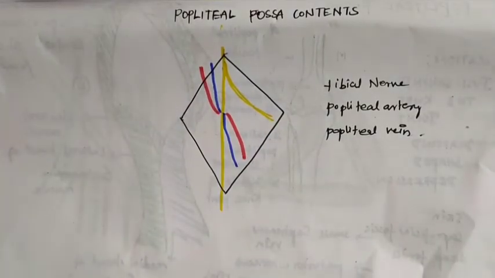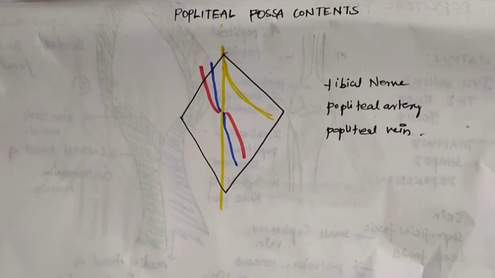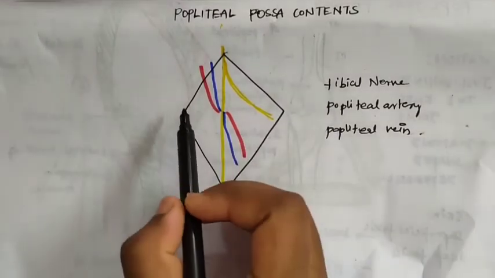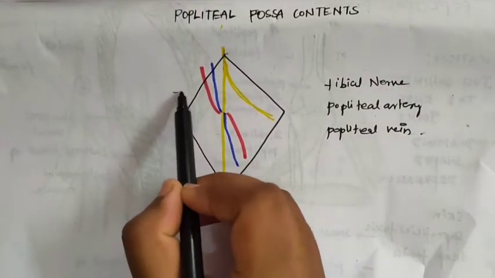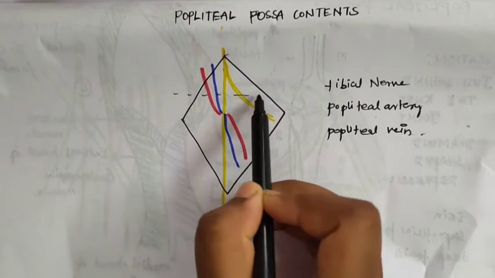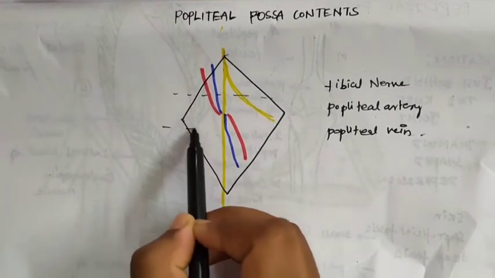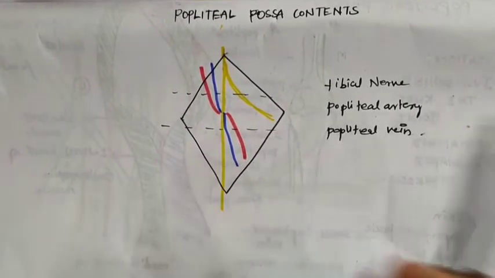If you divide the popliteal fossa into three portions, this is the upper portion, this is the middle portion and this is the lower portion.